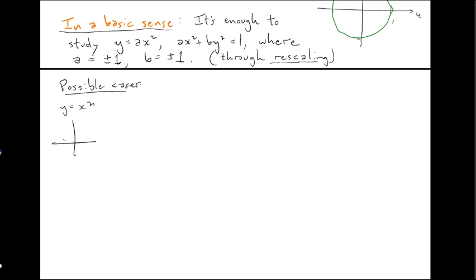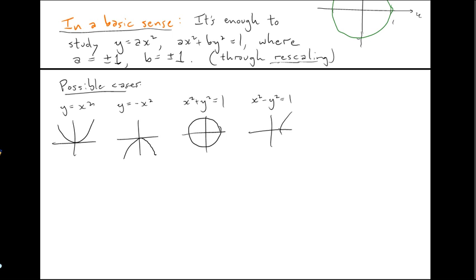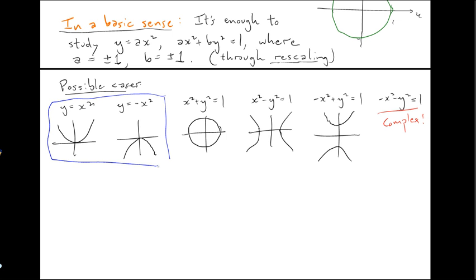Let's write them down. y equals x squared, y equals minus x squared. x squared plus y squared equals 1, a circle. x squared minus y squared equals 1, a hyperbola like that. And minus x squared plus y squared equals 1 is a hyperbola like that. Finally, you could take minus x squared minus y squared equals 1, but that has no real solutions.